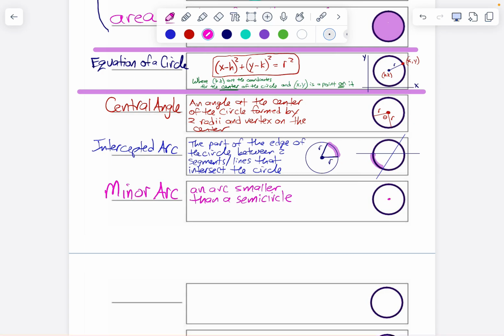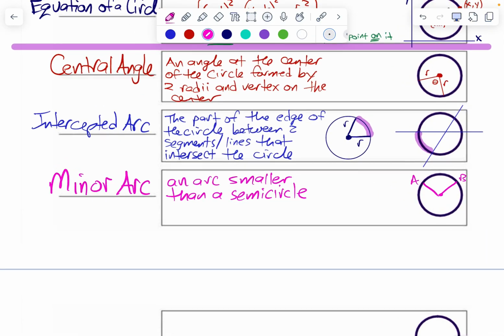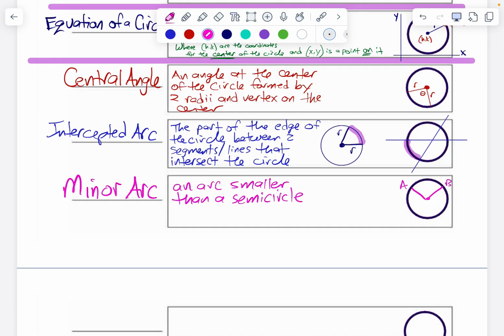Okay, this time, let's label these points A and B. I can make that bigger, I guess, for you. And go ahead and highlight the arc that's between those 2.